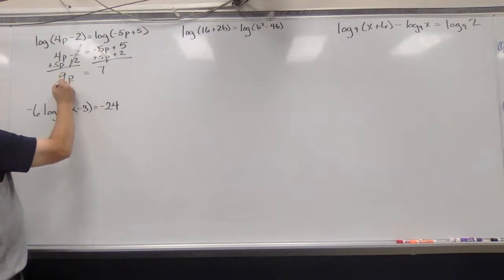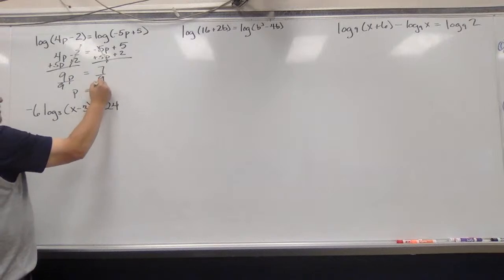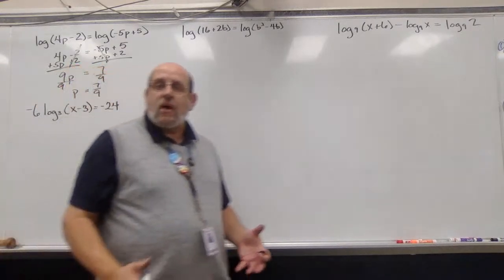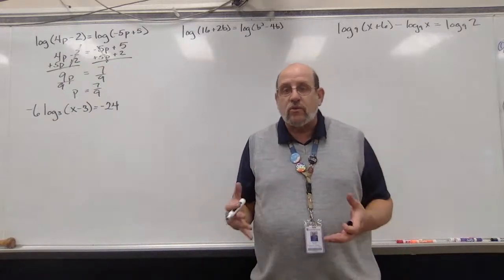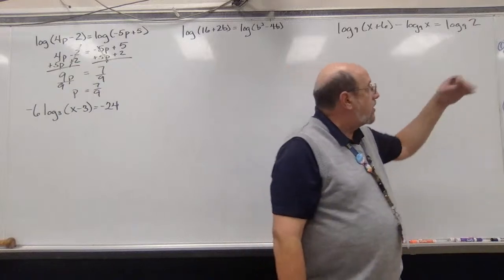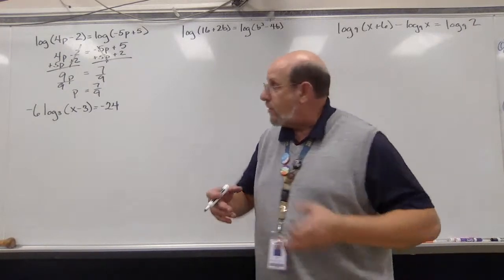Of course, we divide both sides by 9, and p is equal to 7/9. I know you don't like fractions, but that's the way it goes. We have to be able to do this. So the first thing I said was, have the same base, and then we can move on and solve.